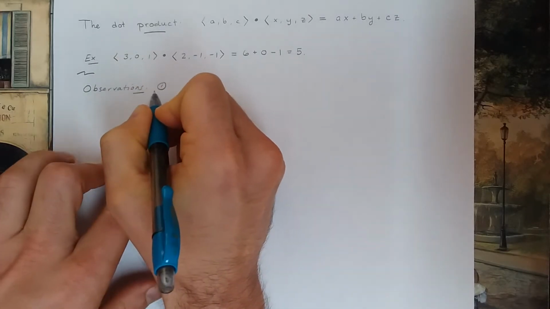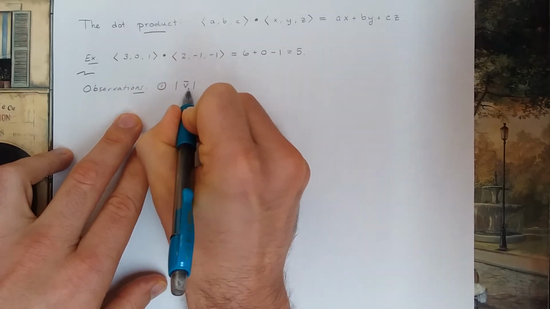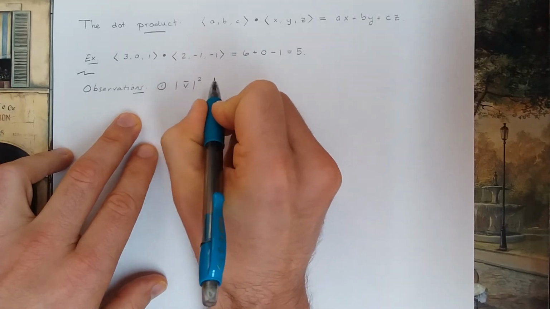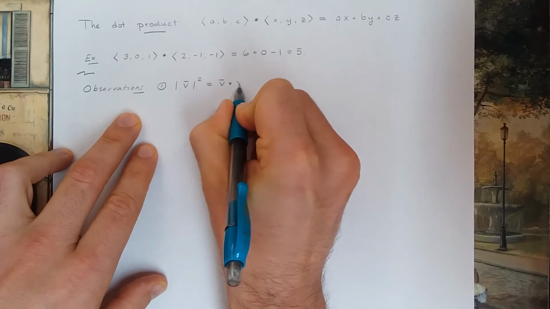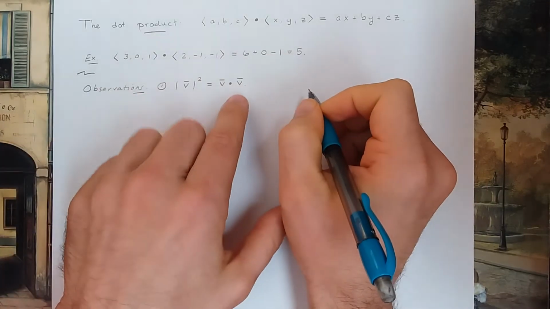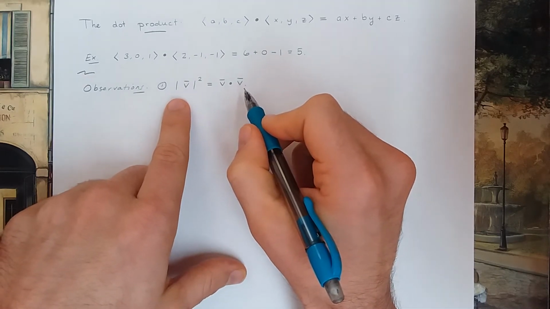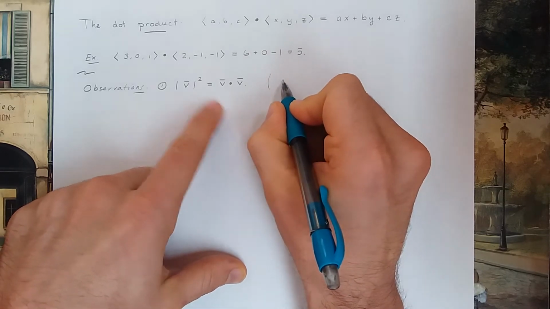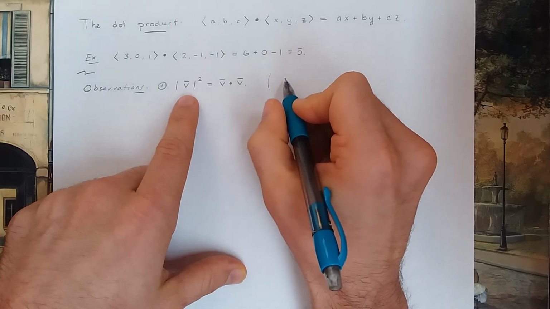Observation number 1, and this is really key. The length of a vector squared is the dot product of the vector with itself. So that might be a bit of a surprise, that the dot product is actually related to the length of the vector. So why is that the case? Well, let's do the situation if we're in R3.